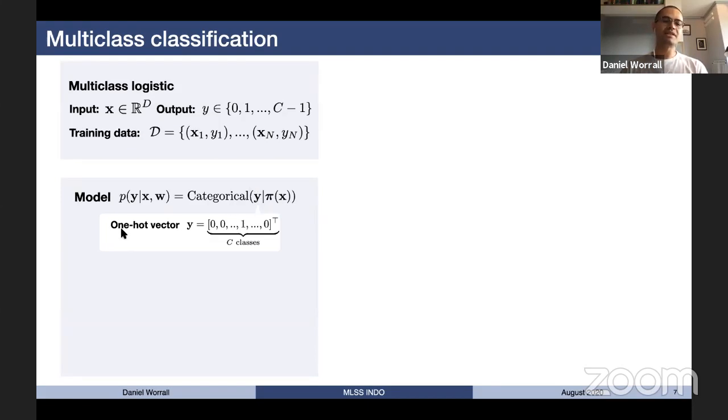We represent them as these things called one-hot vectors. So this is a C-dimensional vector with zeros everywhere apart from a 1 where we have the true class y. So if y_n is equal to 0, then the 0th element will be 1 using 0 indexing notation, and everything else will be a 0.